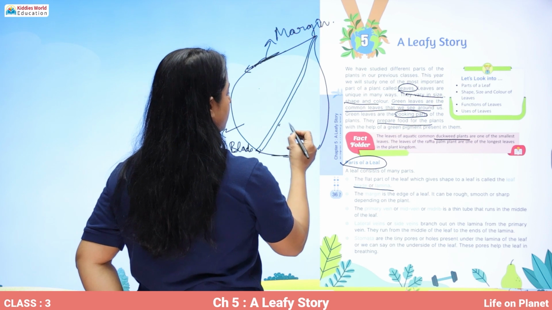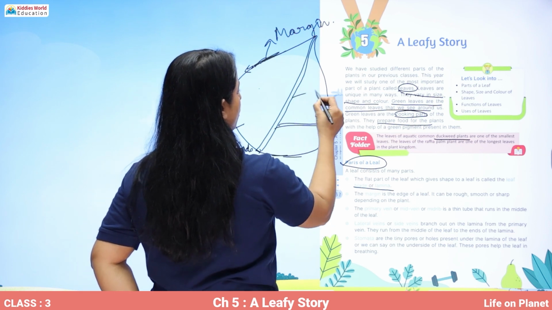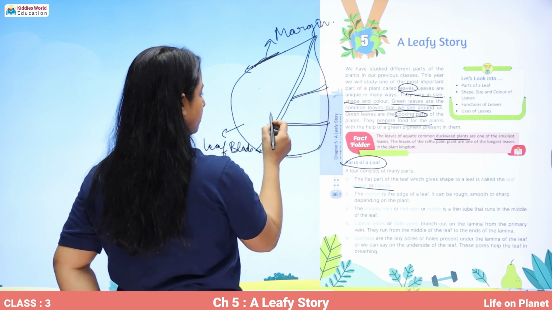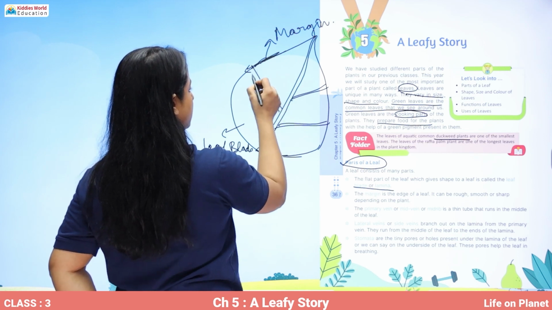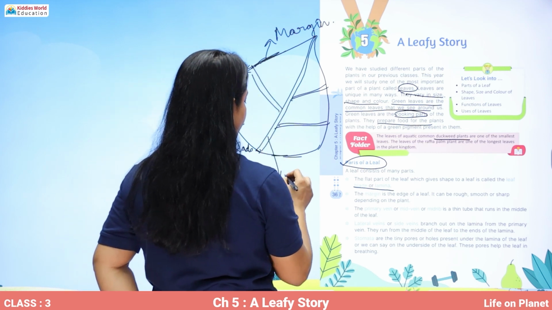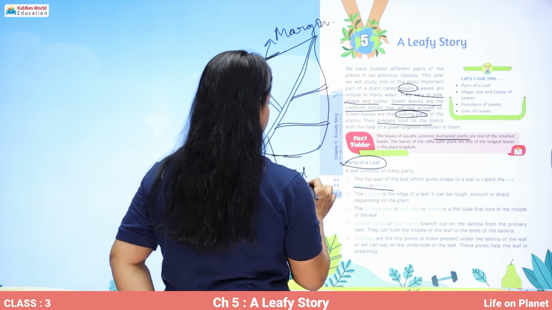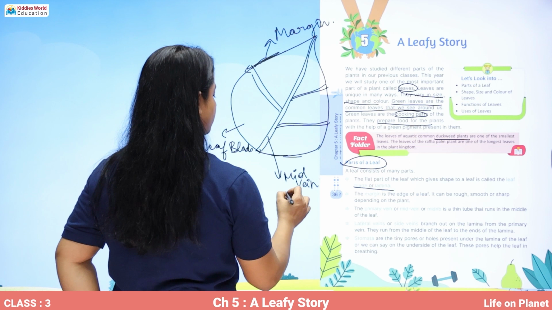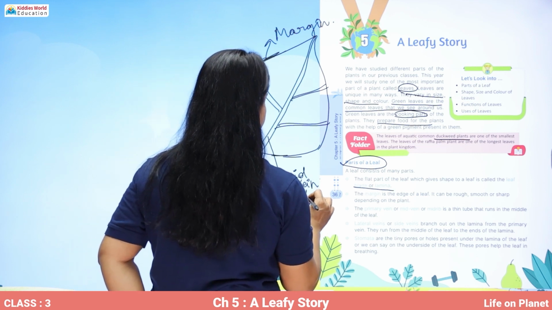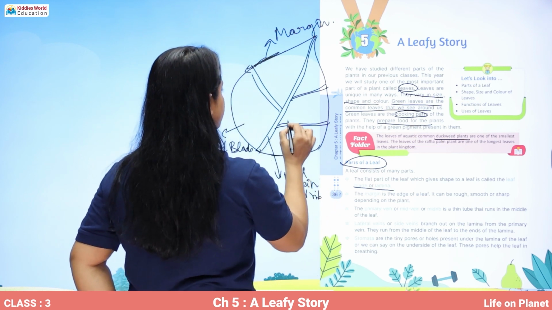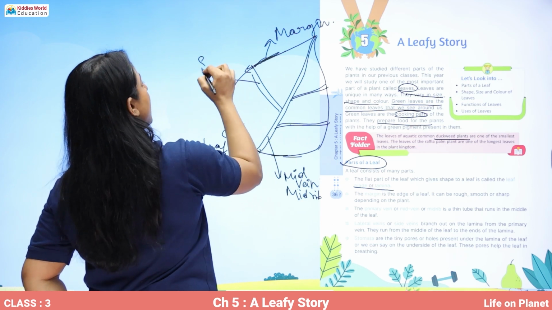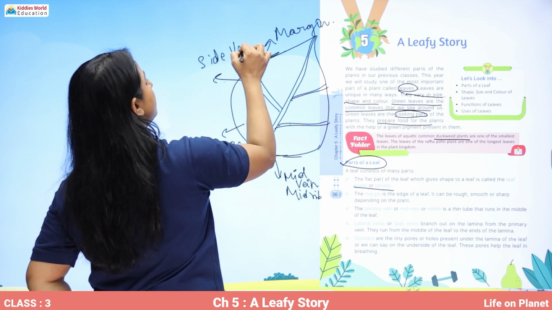Then come the side veins or the lateral veins. This one is the main vein, which is called the midvein or the midrib, and the side ones are called the side veins or the lateral veins.